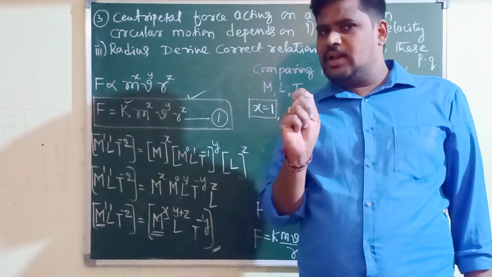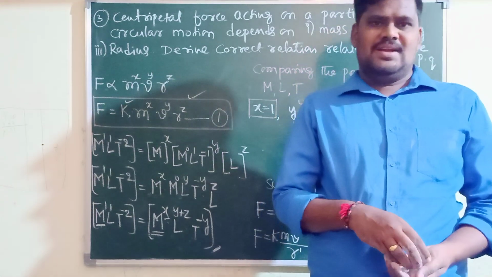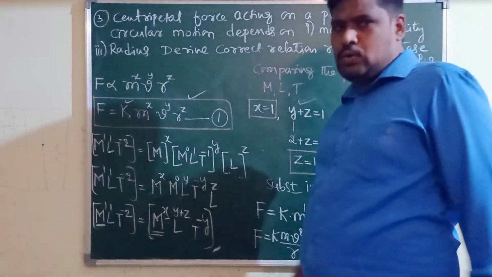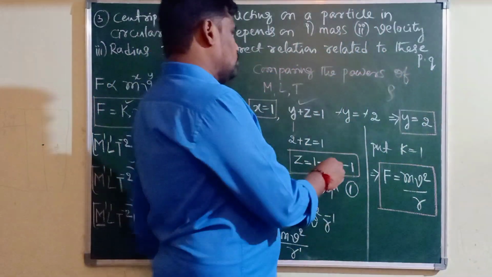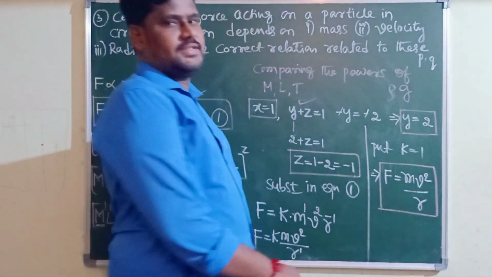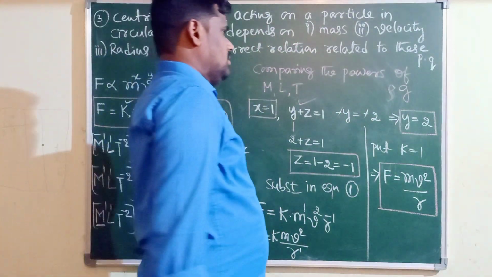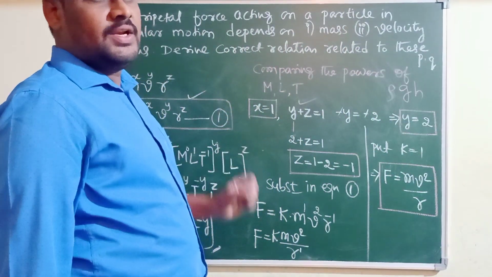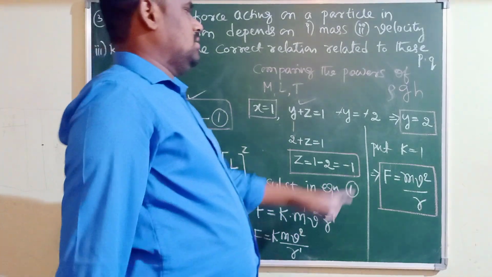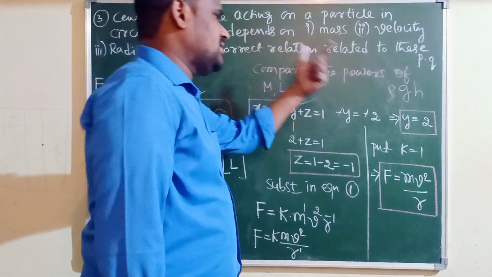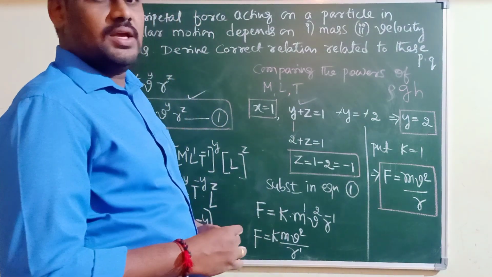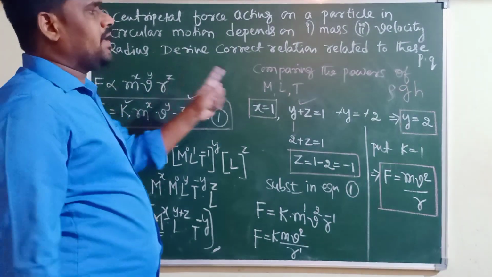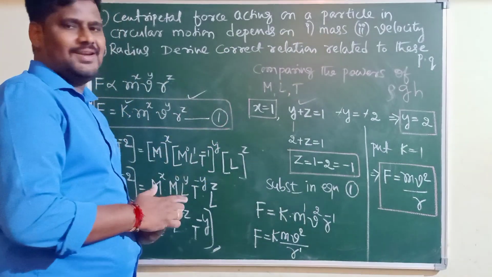Pressure P of a liquid depends on density rho, acceleration due to gravity g, and height h. Pressure of a given liquid depends on density rho, acceleration due to gravity g, and height h. Derive the correct relation related to these physical quantities.